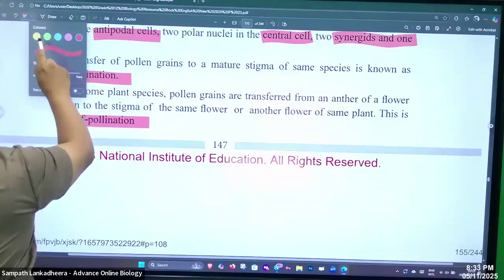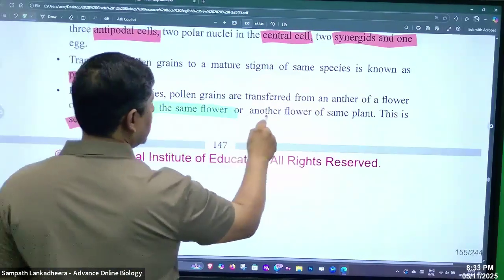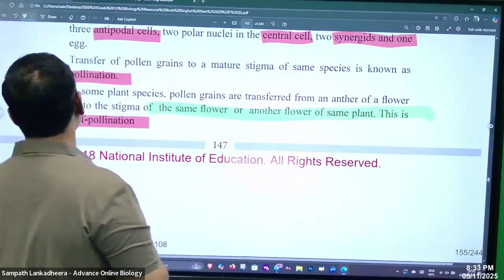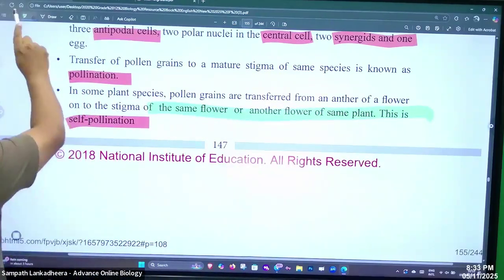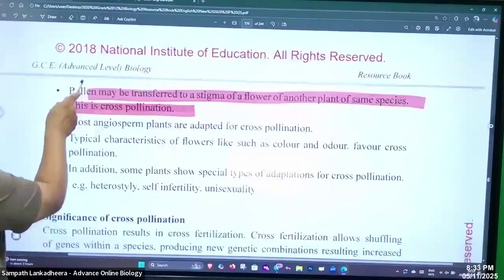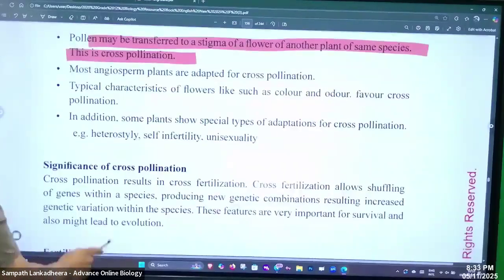In cross-pollination, pollen may be transferred from the stigma of a flower to another plant of the same species. So cross is between different plants.